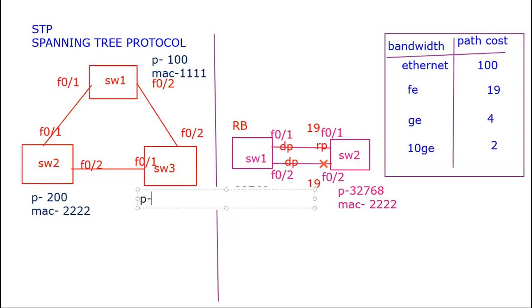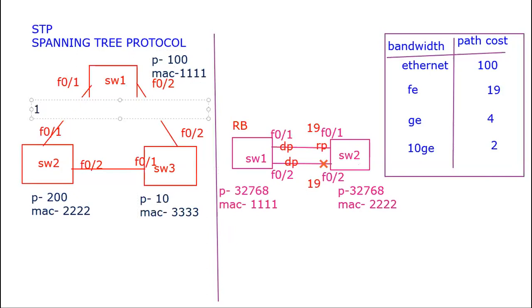Priority of this switch is 10, MAC address 3333. Okay. Root path costs are the same on every link, 19, 19, 19, because all are fast. Fine. Now let's start with the election processes.